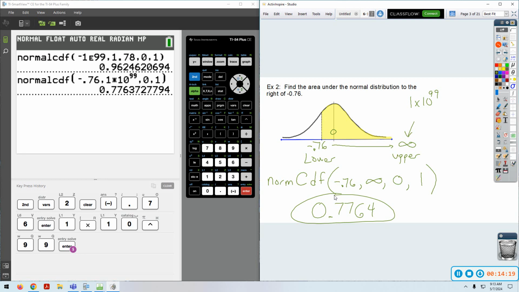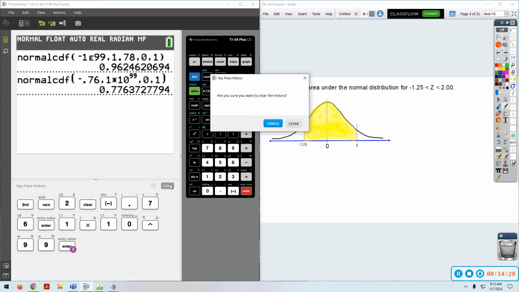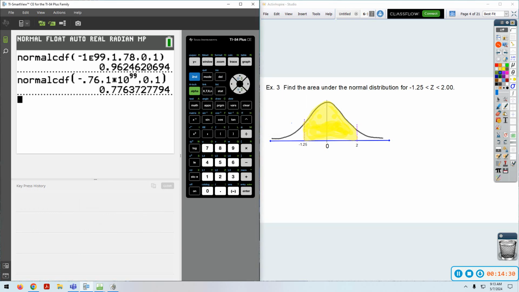Last but not least, one more example. It says find the area under the normal distribution between these two z-scores. They give you the z-scores of negative 1.25 and a positive 2. So this is still my mu. This is a z-score on the lower, and this is the z-score on the upper.